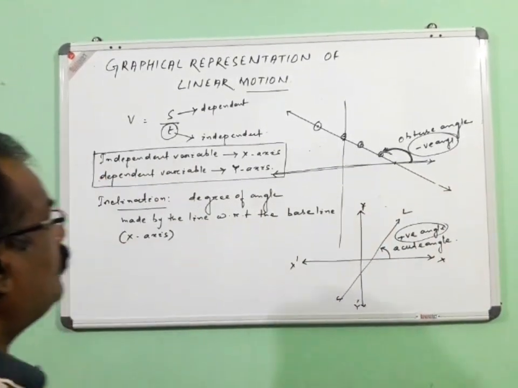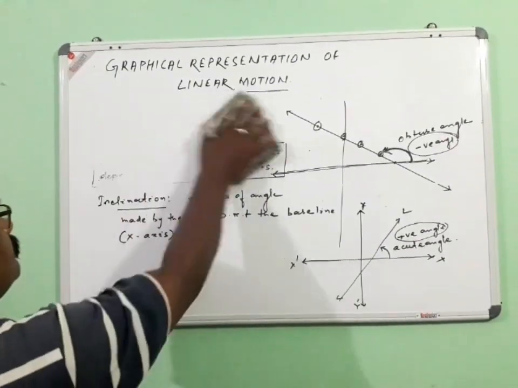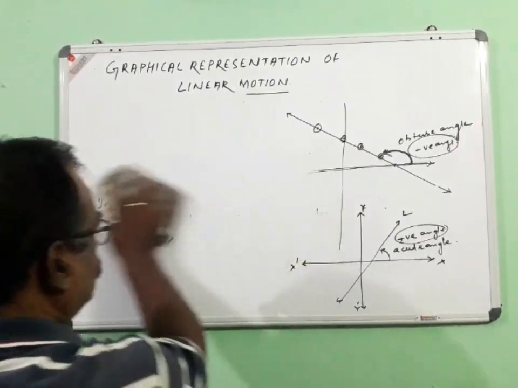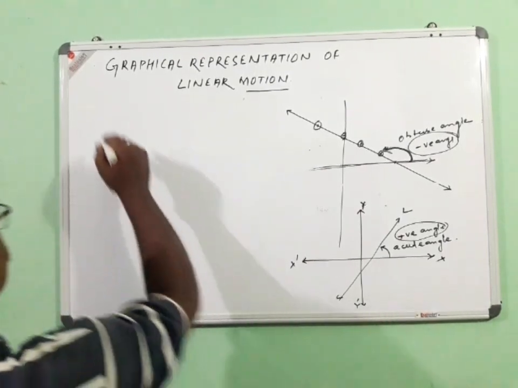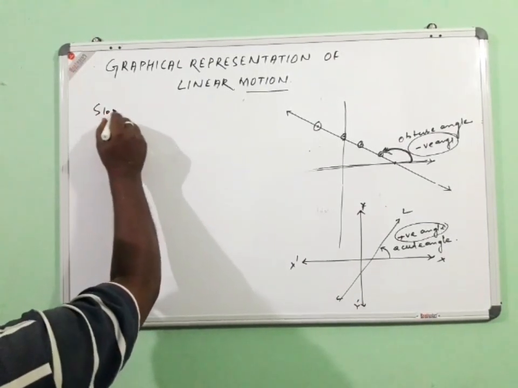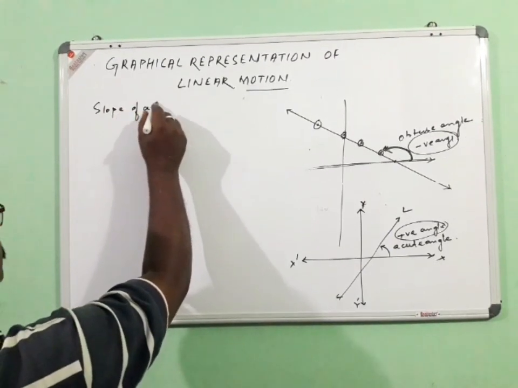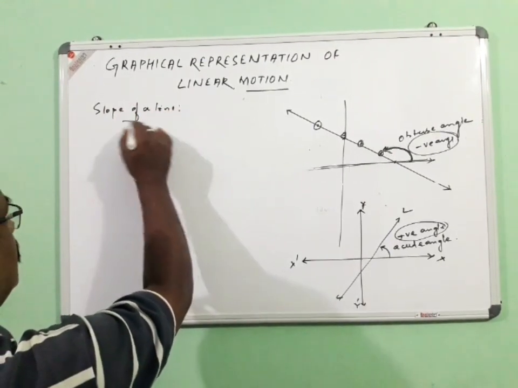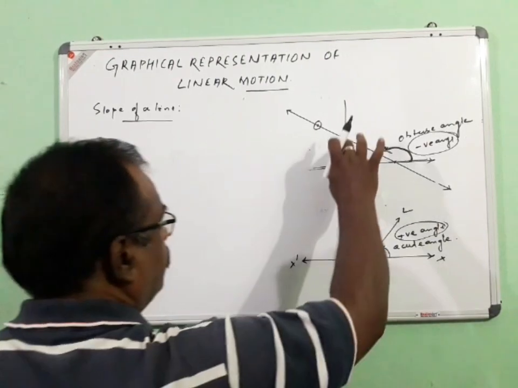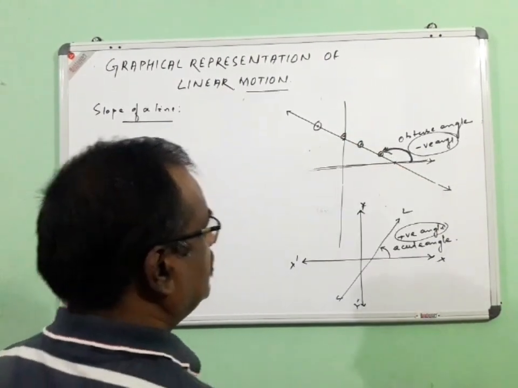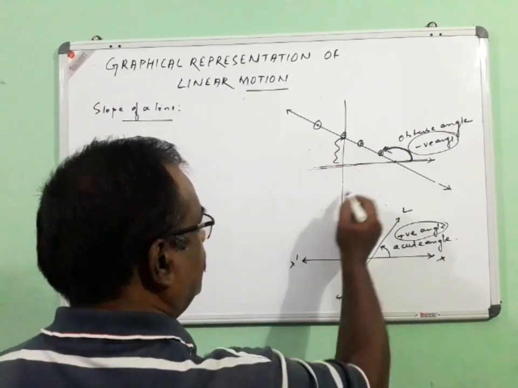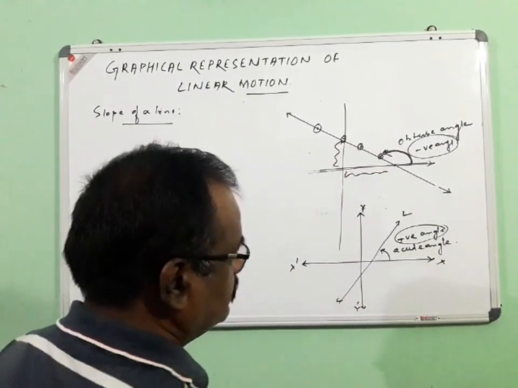So, the slope of a line. When we say the slope of a line, this depends on the value of the y component with respect to the x component, that is, the difference of the y value with respect to the x value.